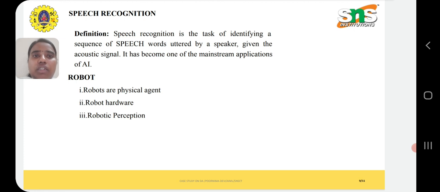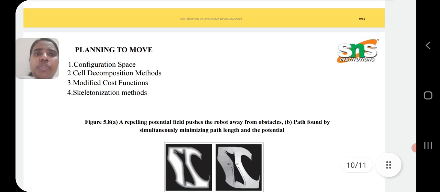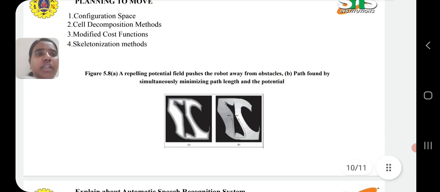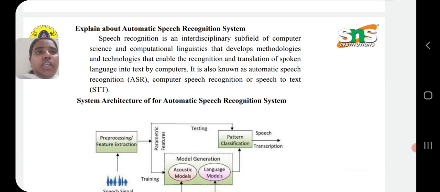Robots are physical agents: robot hardware, robotic perception, planning to move, configuration space, cell decomposition methods, modified cost functions, skeletonization methods. A potential field pushes the robot away from obstacles, and a path is found by minimizing path length and potential together.